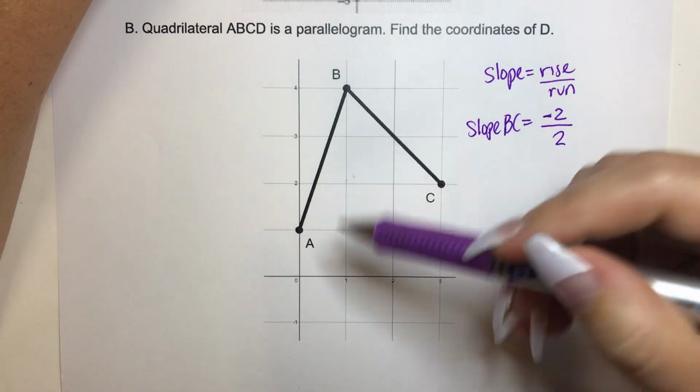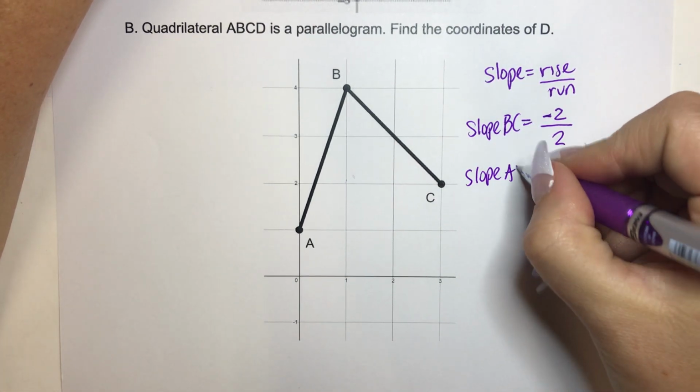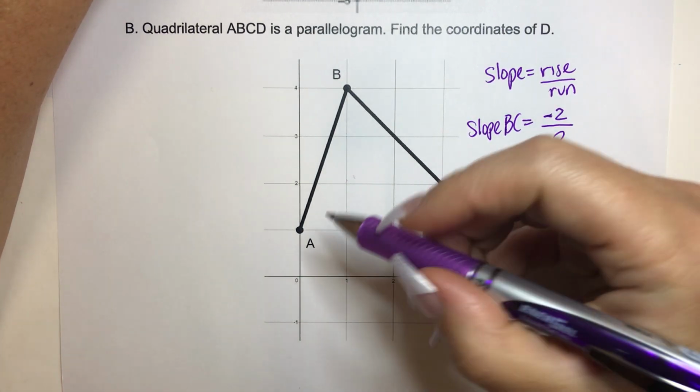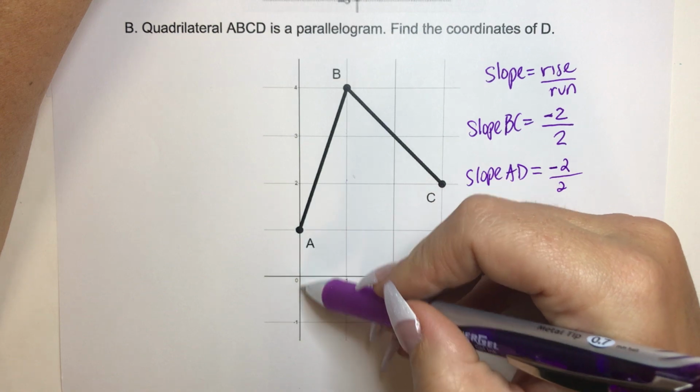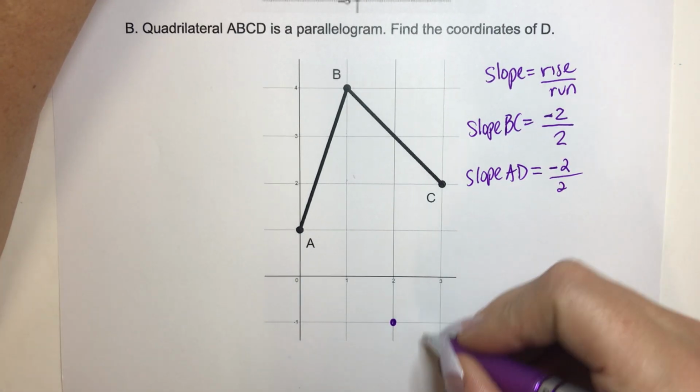Now, for this to be a parallelogram, the slope of AD has to be the same. Parallel lines have the same slope. So we would go down from here, down 1, 2, and then over 1, 2. And that would give us D right here.